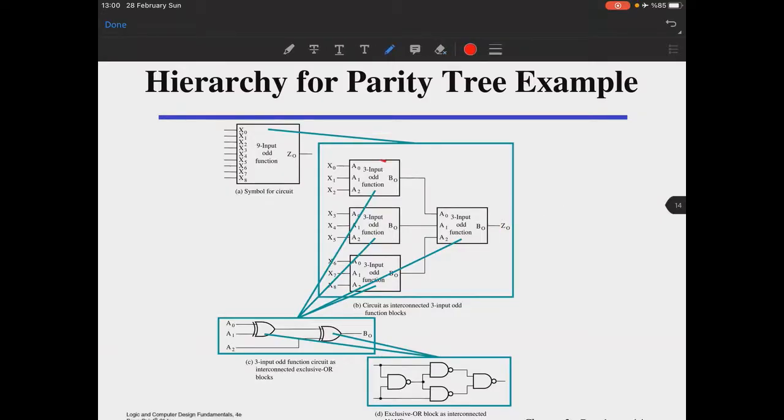No. What about what is in those blocks? In each block, we have an XOR gate connected to another XOR gate. So this is a basic 3-input odd function circuit. For each of these XOR gates, we haven't seen this yet, but this is the implementation of a single XOR gate by NAND gates only, and within each box you will have this one.